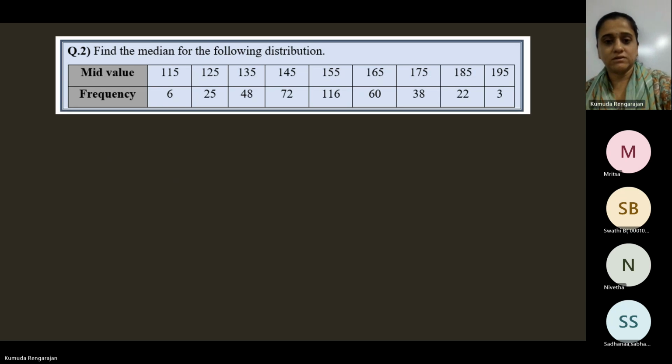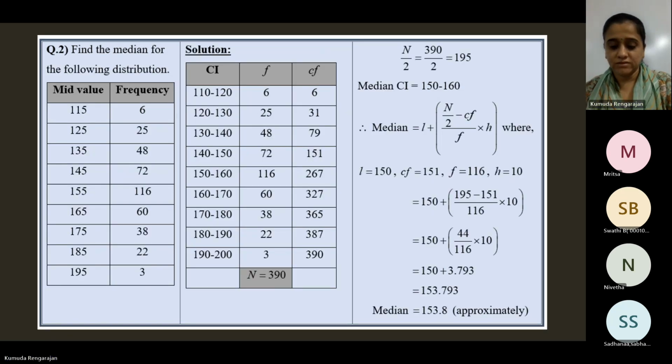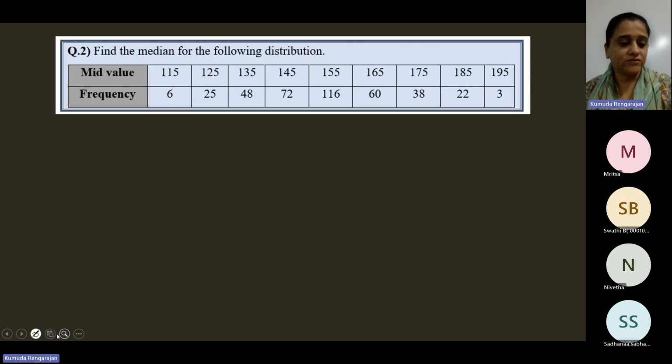I'll just write it here for you. You will have to find the median by yourself. Start working, all of you. Please take down the question.